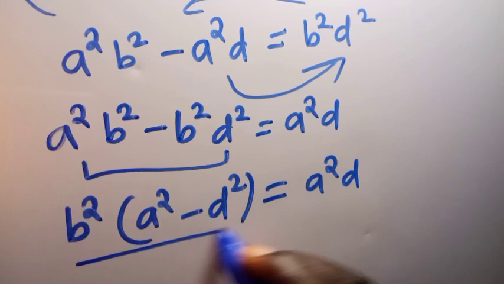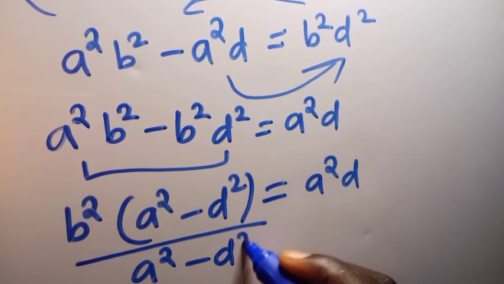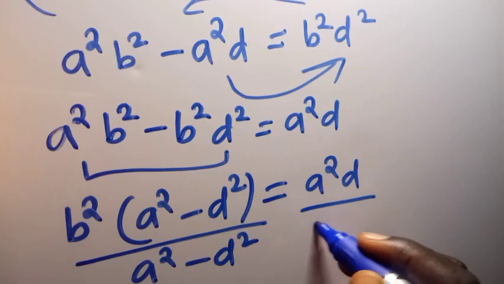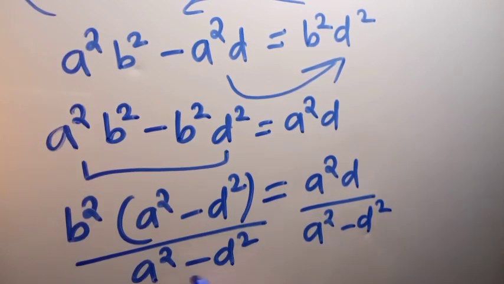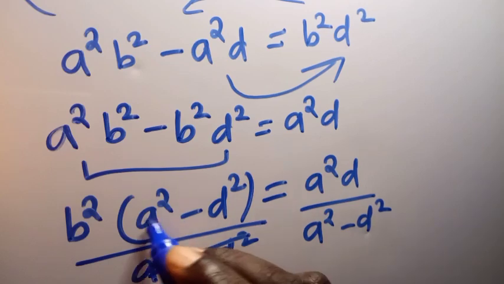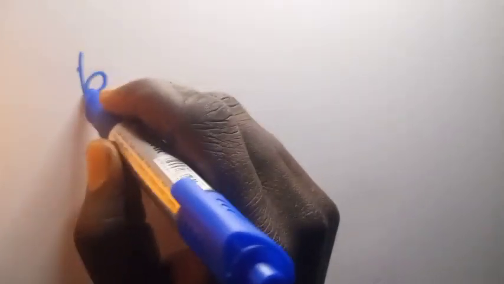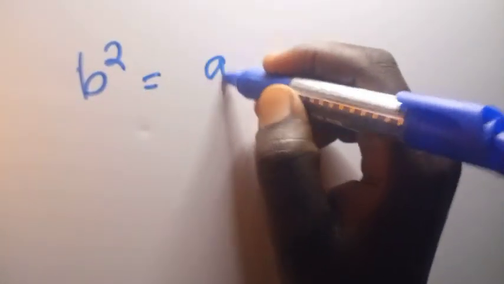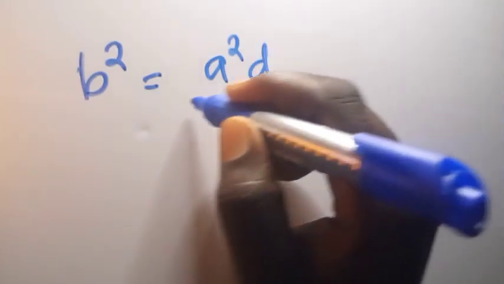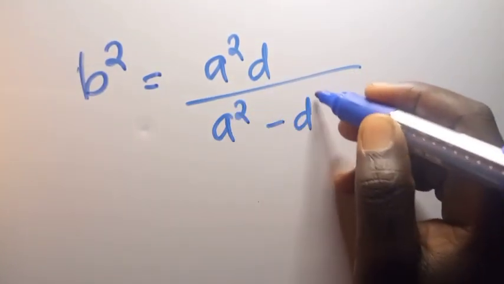Now, I want us to divide by A squared minus D squared on both sides, so that this one and this one simplify. So that we have B squared equals A squared D all over A squared minus D squared.